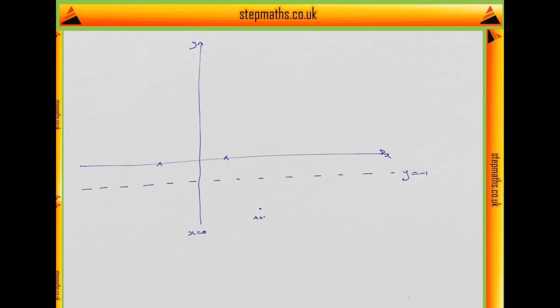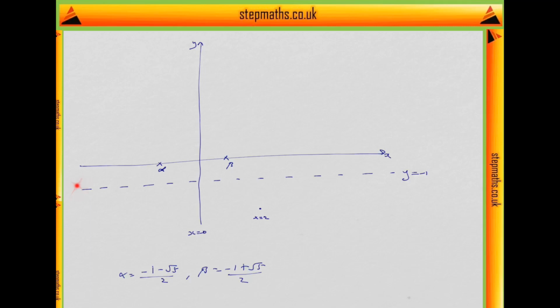We'll call the roots alpha and beta. We've worked out alpha is minus 1 minus root 5 over 2, and beta is minus 1 plus root 5 over 2.